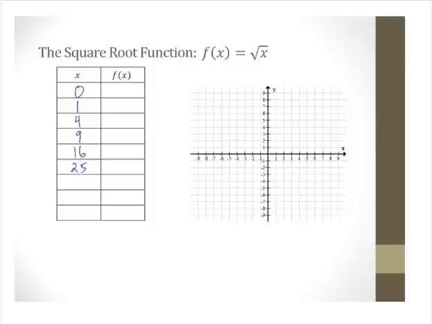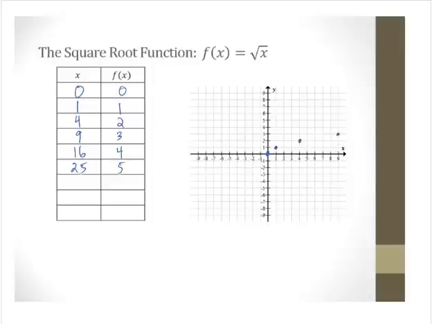So if I choose 0 as my input, the output is 0. If I choose 1 as my input, the output is 1, then 2, 3, 4, and 5, etc. Now remember, I can't have any points that have negative x values for this graph. So I have (0, 0), (1, 1), (4, 2), (9, 3).